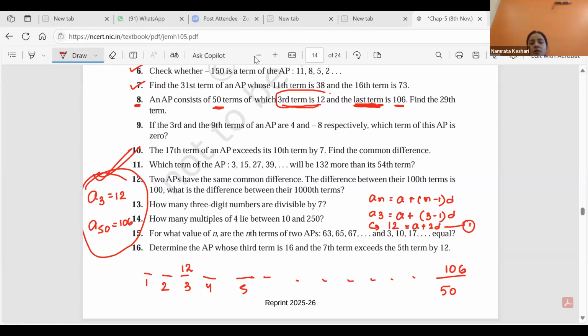Okay, you just have to solve it for A and D. Rayan, you are doing it. Samya, what are your two equations? Sarah, what are your two equations? 12 is equal to a plus 2d and 106 is equal to a plus 49d. So you will be able to solve it, right? Yes, ma'am. Okay, let's do the next one.